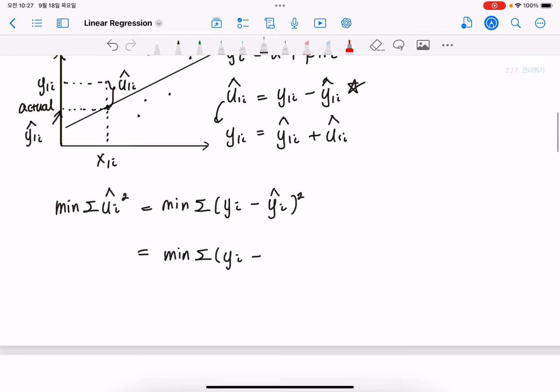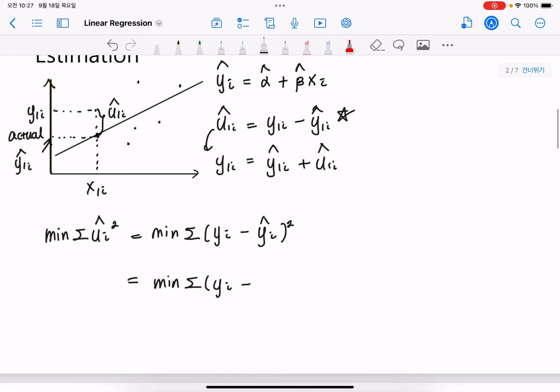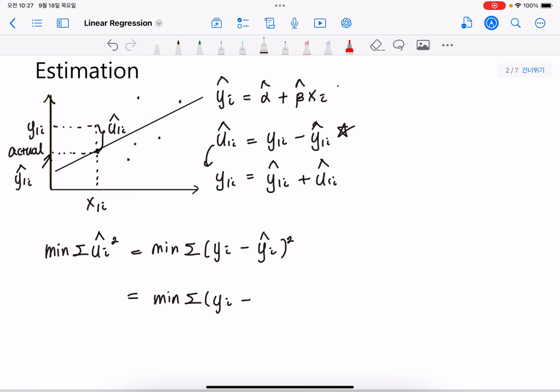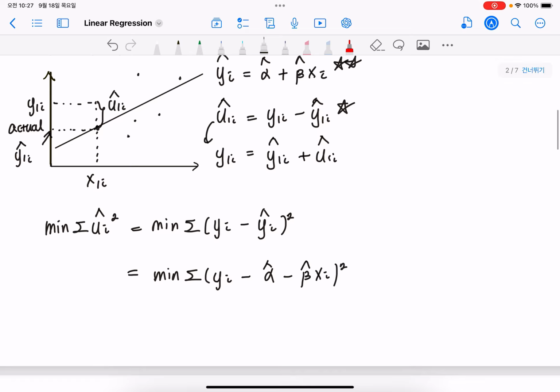Yi minus, now let us plug in this one right here, 2 stars. So yi minus the alpha minus the beta xi star. And we want to minimize with respect to 2 parameters, which is alpha hat and beta hat.